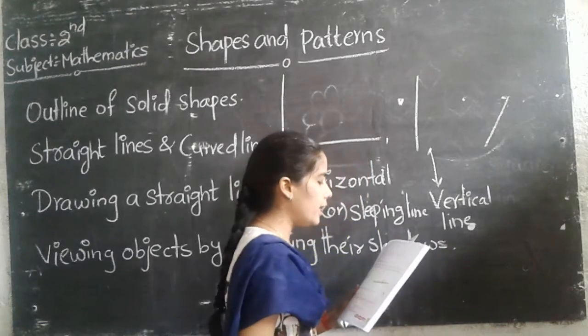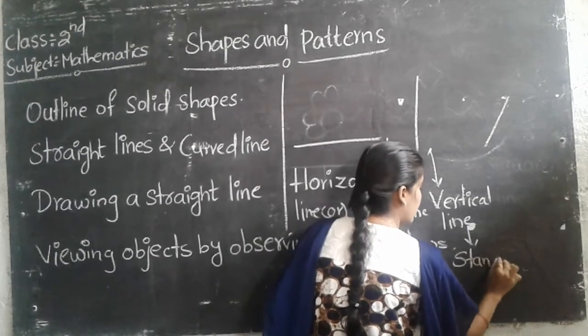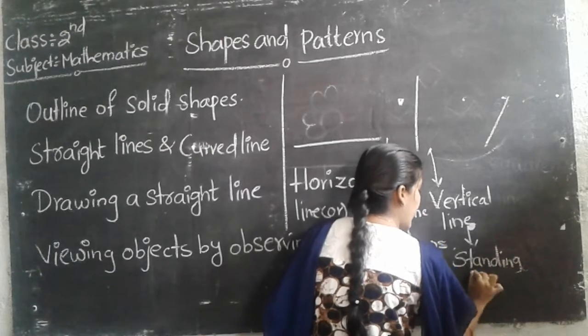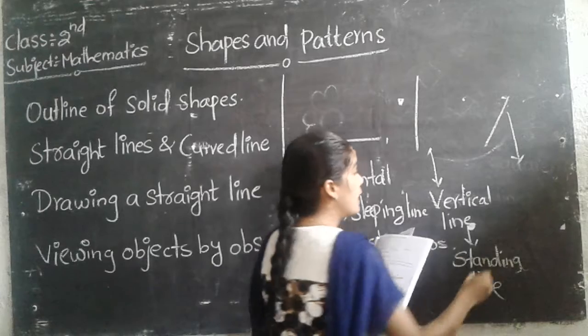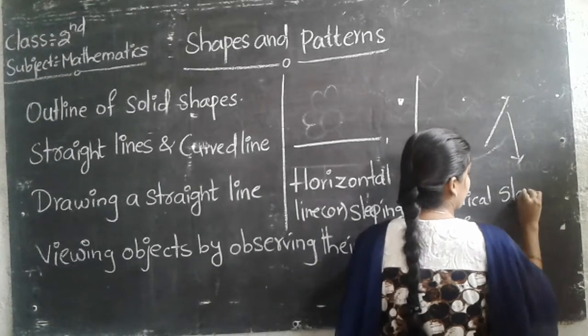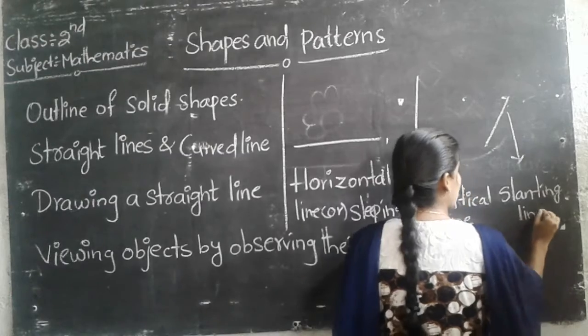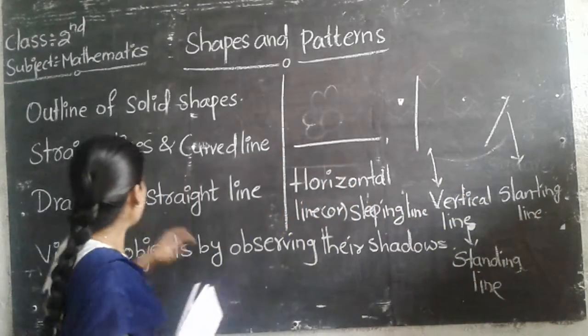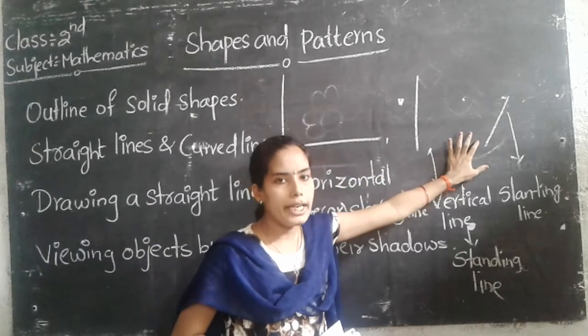What we call vertical line? That is standing line. And the last one is slanting line. In these straight lines, again we have three different types of straight lines.